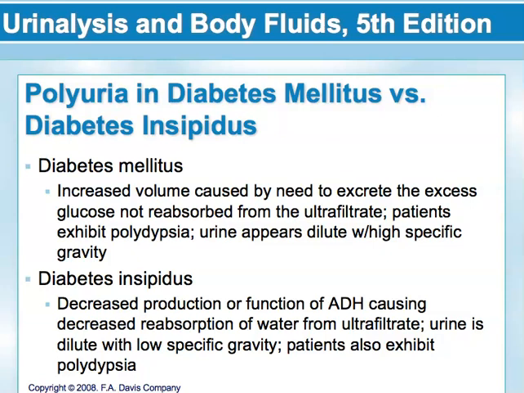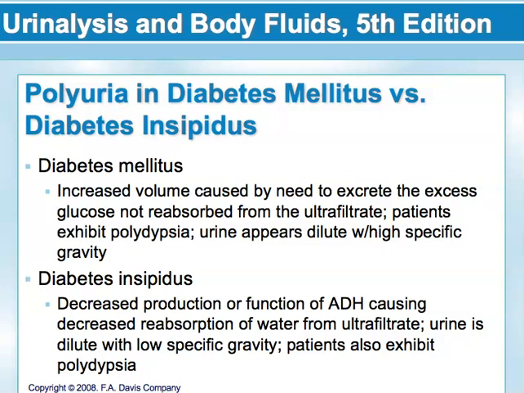This results in increased glucose concentration, so there is going to be an increased volume of urine due to the body's need to excrete the excess glucose that the kidneys do not reabsorb. Patients will exhibit polydipsia, which is excessive thirst. Although the urine appears to be dilute, it will have a high specific gravity, which is a measure of the particles found in a solution, because of that increased glucose content.